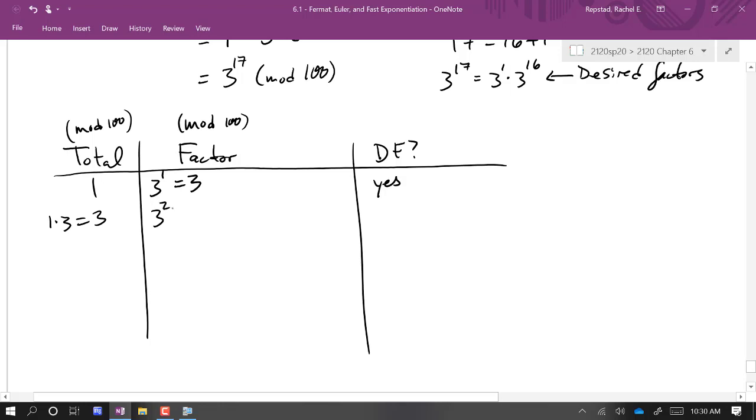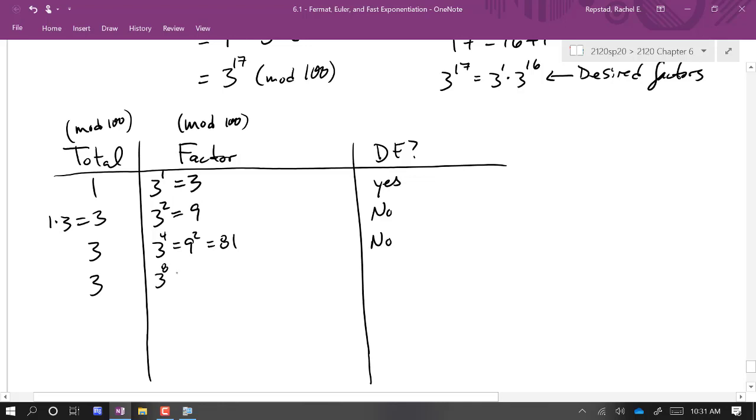My next factor is 3 squared, which is 9, already reduced. This is a no. In fact, my next desired factor is 3 to the 16th, so I'm going to have a bunch of rows here where my total sticks around at 3. So 3 to the 4th is 9 squared, which is 81. Already reduced mod 100. Not a desired factor, total holds at 3.